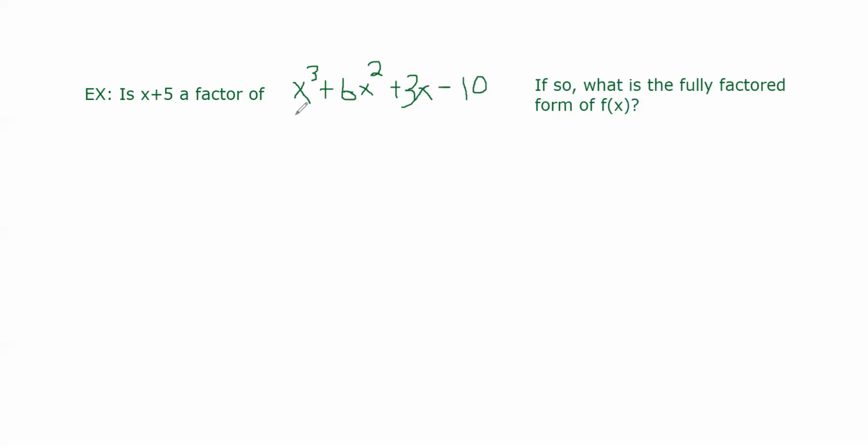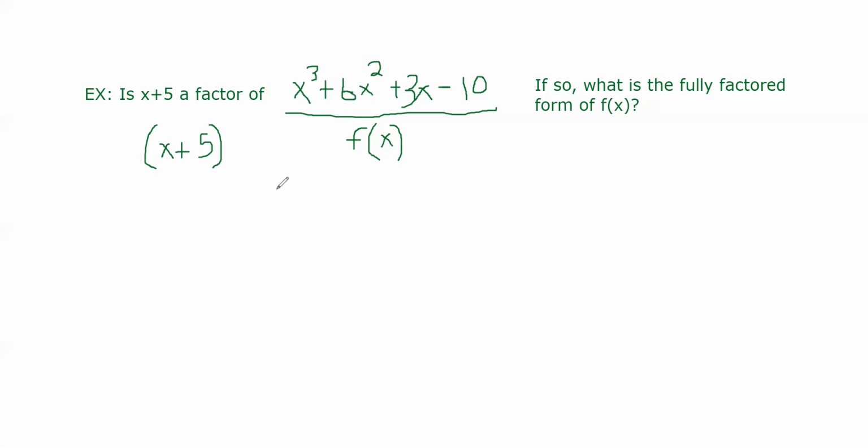All right, so this will be our function here. This will be our f of x. The factor we're supposing is x plus 5. This means that when you write it like this, x plus 5, the k value is really negative 5. It's the opposite sign here.